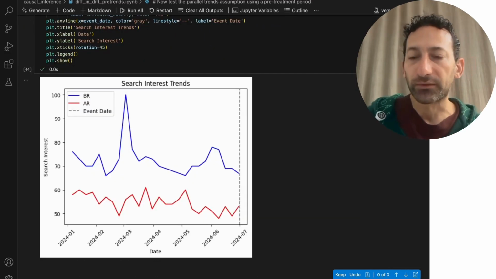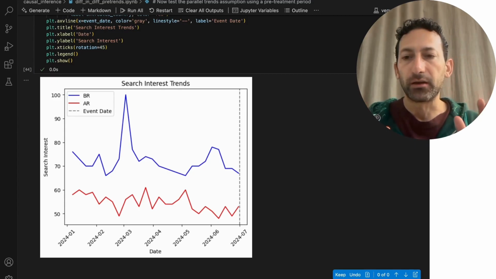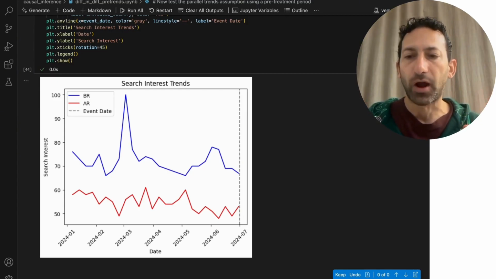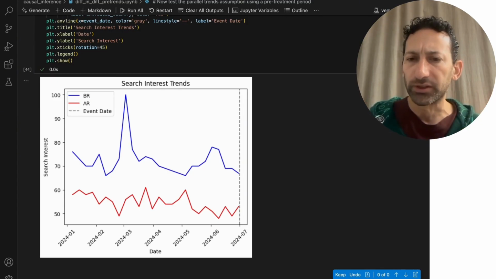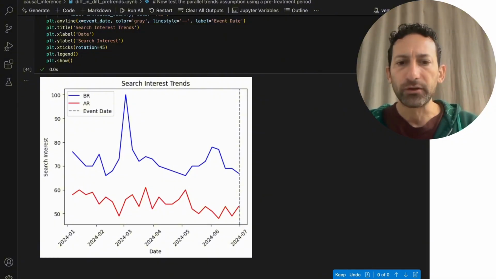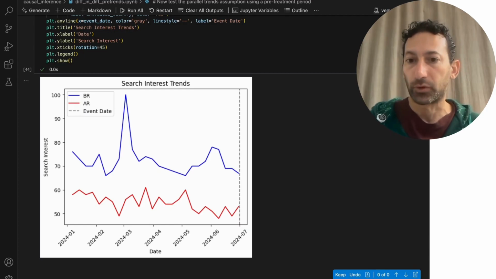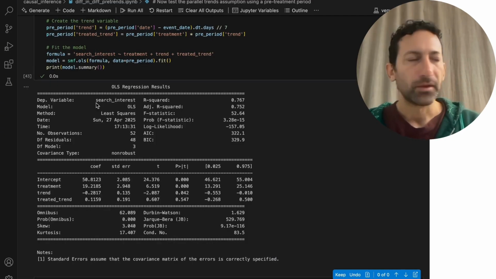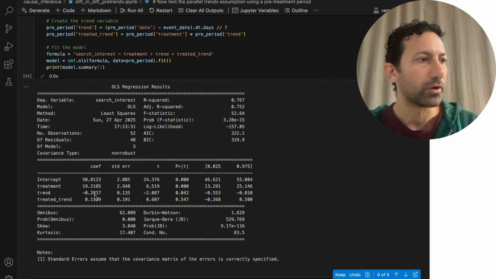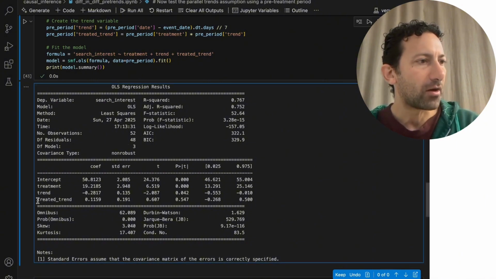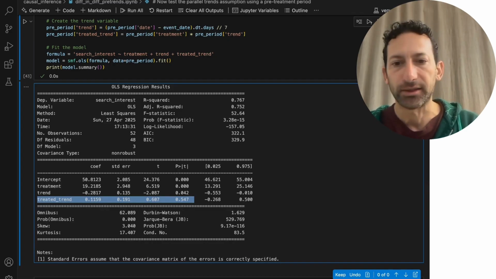We notice, for example, that for about 6 months prior to the event, they were reasonably trending together. And if we limit the pre-period, and again, the pre-period window is a parameter of choice, to where it appears that they're trending together, we can pass this validation test. So in this case, I shortened the pre-period window and now the coefficient on treated trend is positive, but is not statistically significant.